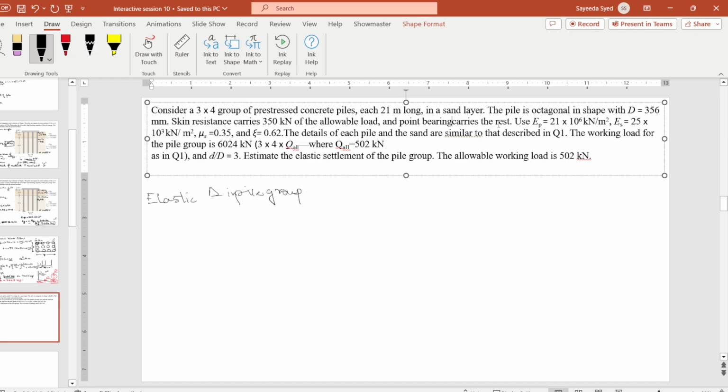So in general, the settlement of group of pile under similar working load per pile is directly proportional to the width of the pile group. So there is not much to it. You just need to know that the settlement in the pile group is related to the settlement of single pile through this.